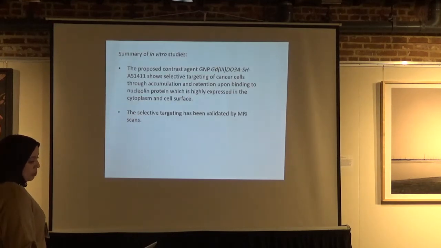So the conclusion of this experiment is that the proposed contrast agent with ES1411 shows selective targeting of cancer cells through accumulation and retention upon binding to nucleolin protein. And the selective targeting has been validated by MRI scan.